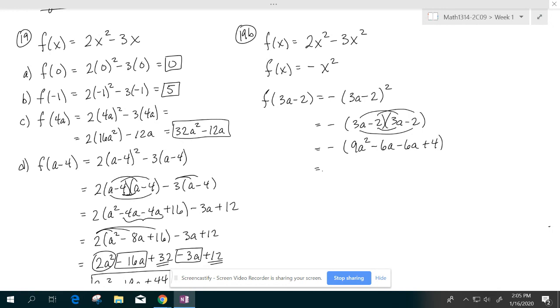You want to do it now? Okay. So if I distribute the negative now, negative 9a squared plus 6a plus 6a minus 4. Do y'all see if I distribute the negative, all the signs change?